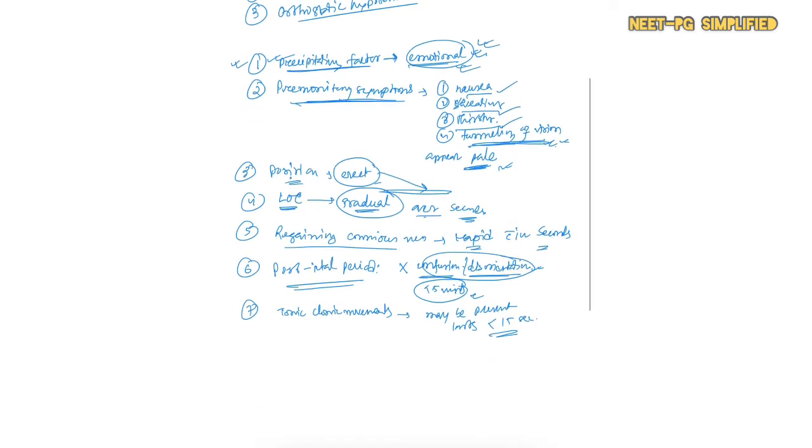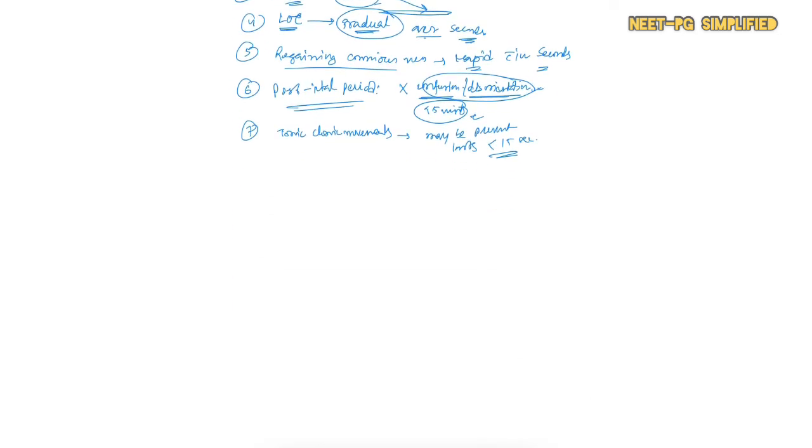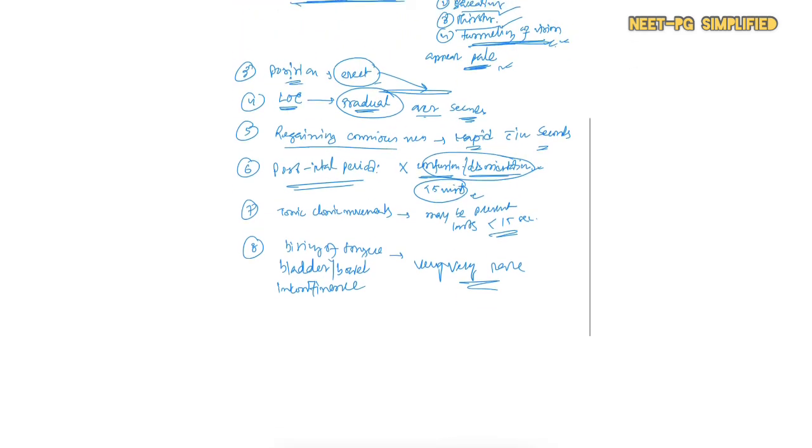Number 8, other features like biting of the tongue, bladder and bowel incontinence are very rare. So these are the points through which you can differentiate between a seizure and a syncope.